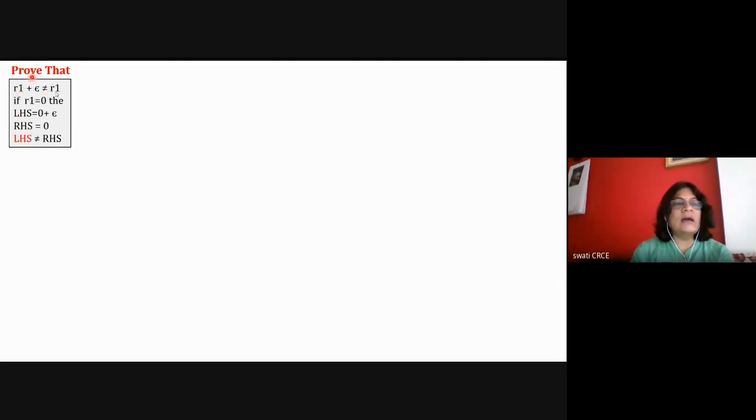So the question is: prove that R1 plus epsilon is not equal to R1. So how to prove that? I'm saying that my sigma is equal to 0. So if my R1 is equal to 0, what is the left hand side? Left hand side is 0 plus epsilon, and right hand side is 0.